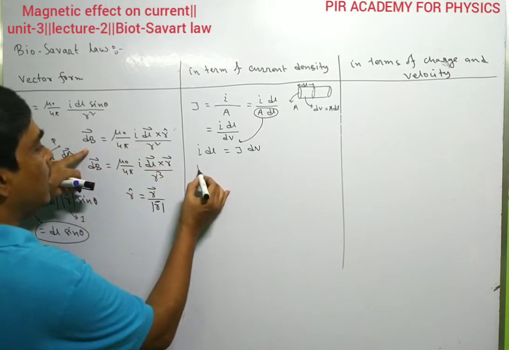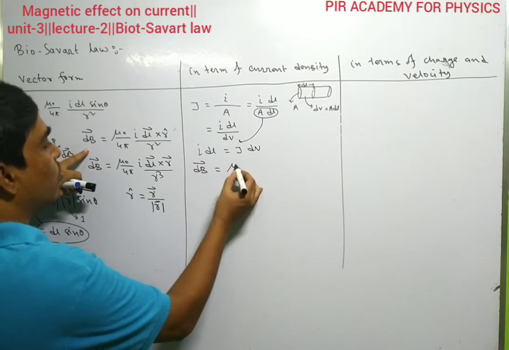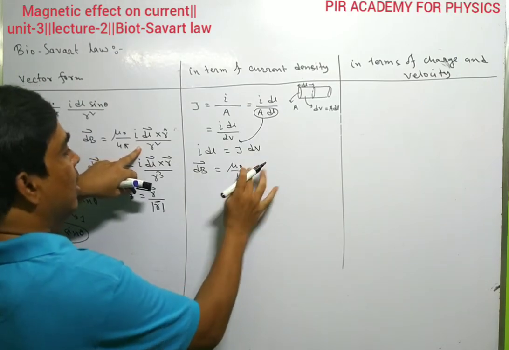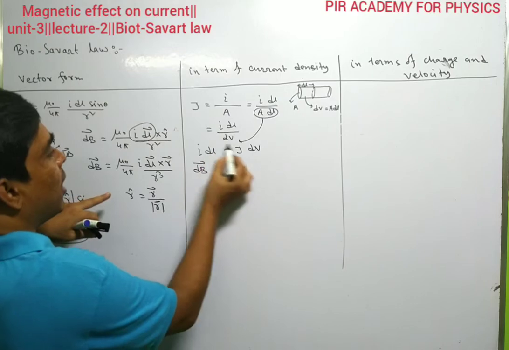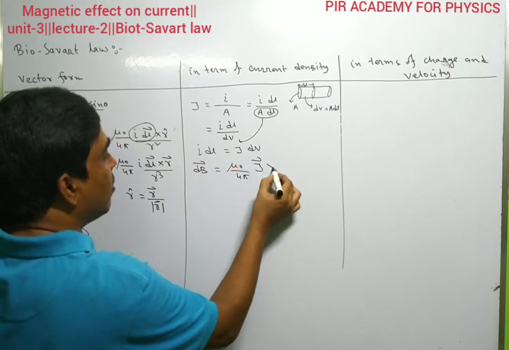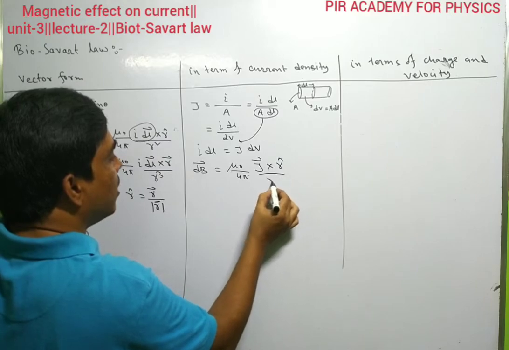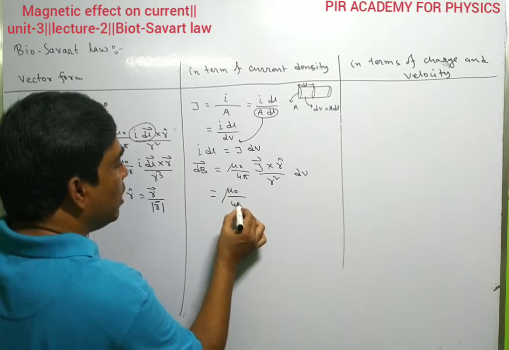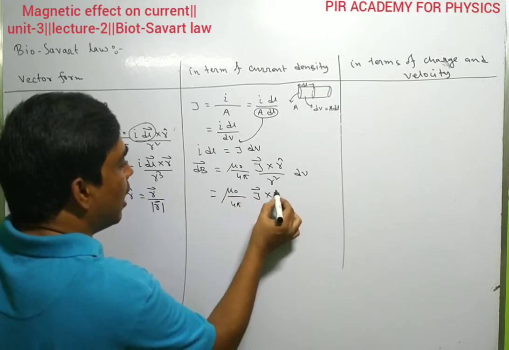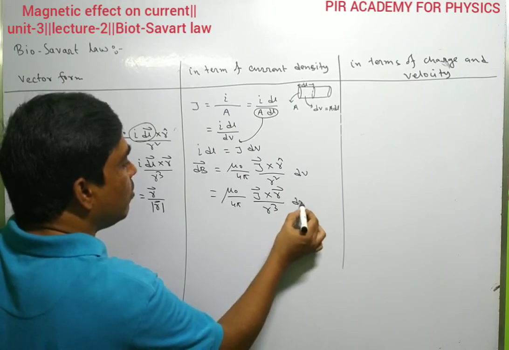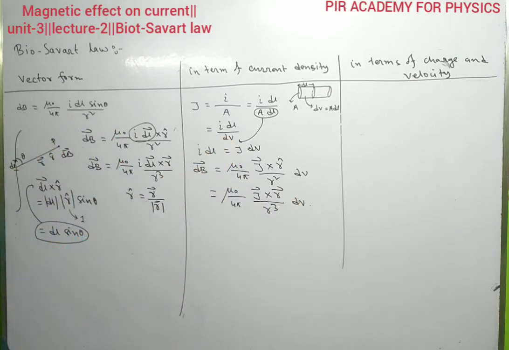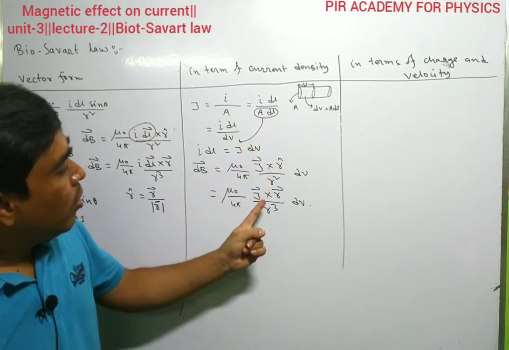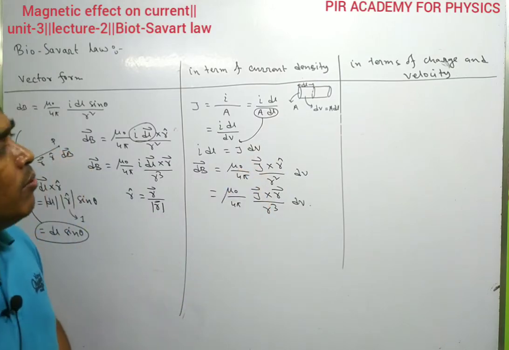So dB equals mu 0 by 4 pi, J vector cross r unit vector divided by r square, into dV. It can also be expressed as J vector cross r vector divided by r cube into dV. So in this way you can express the formula of magnetic field in the form of current density.